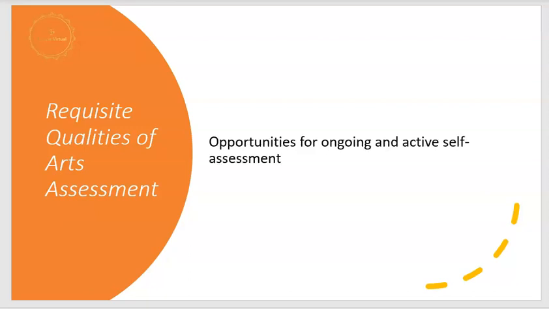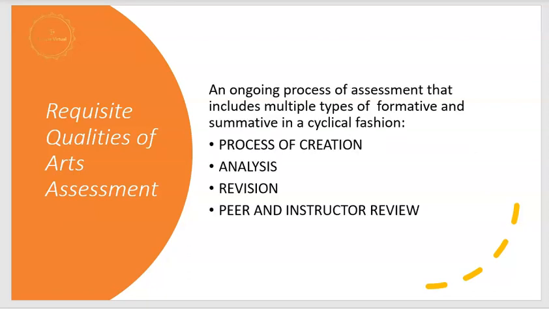Opportunities for ongoing and active self-assessment is a requisite quality of arts assessment. An ongoing process of assessment that includes multiple types of formative and summative in a cyclical fashion is another requisite quality of arts assessment. This cyclical fashion includes the process of creation, analysis, revision, peer and instructor review.